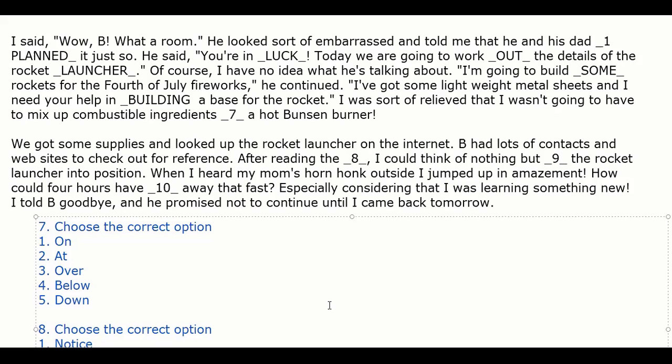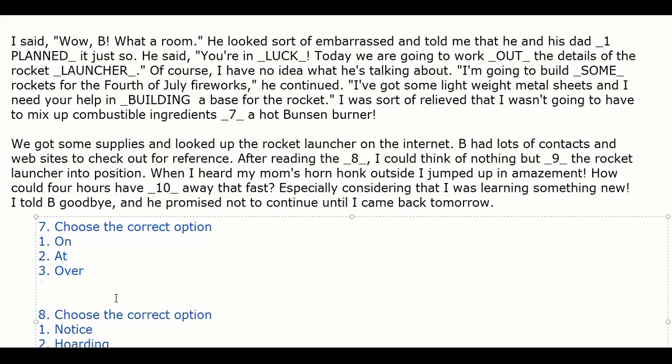So Devendra says 1 or 3, okay. So it cannot be below a hot burner or down a hot burner, right? Guys, 4 and 5 are gone, right? Can I assume that this cannot happen? Can I remove this too? Now tell me, out of these, to mix up combustible ingredients on a hot burner, at a hot burner is also not correct, right? You are right, Devendra.